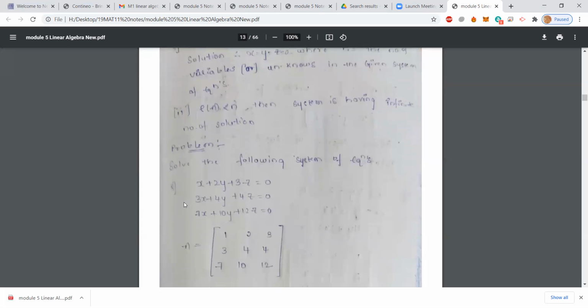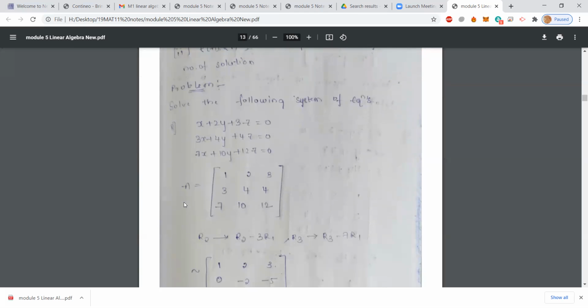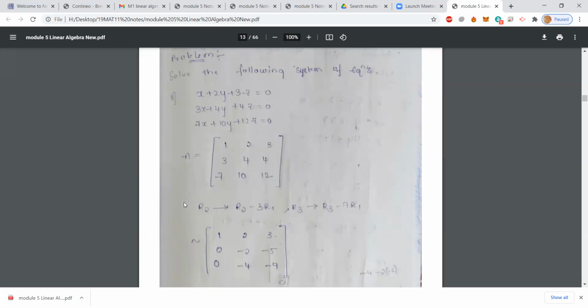Now I am going to discuss one problem, how to find the solution of a given system of equations. The question is, solve the following system of equations. Three equations are given with three variables x, y, z. See the right side, all the right side values are zeros.